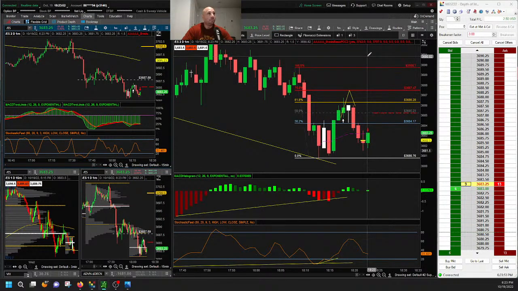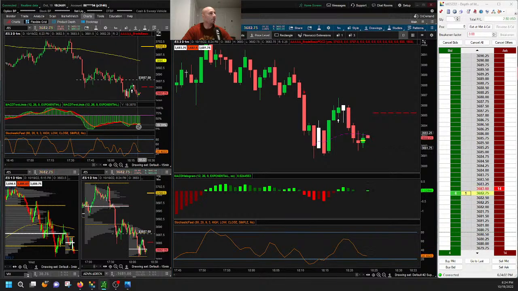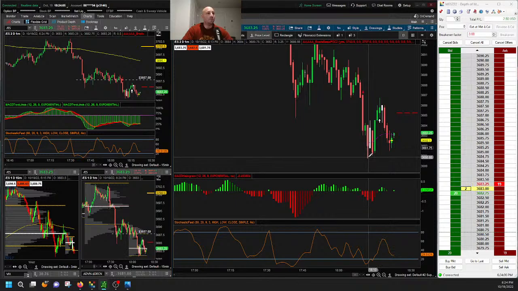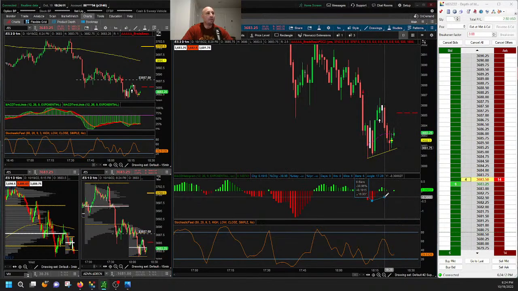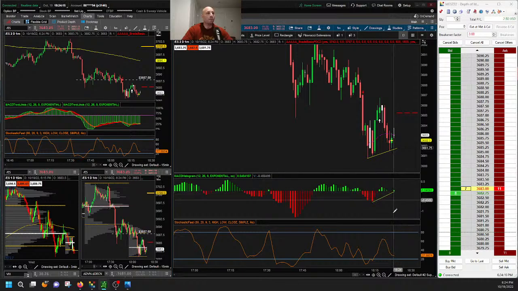Now, let's erase everything. I want to show you guys something real quick. Look at this over here, right? We see the divergence over on this chart. We also, if we kind of zoom out, look at this pullback we just had, okay? We almost got back down to these lows, but look at where the MACD is. Look at where the stochastic is.